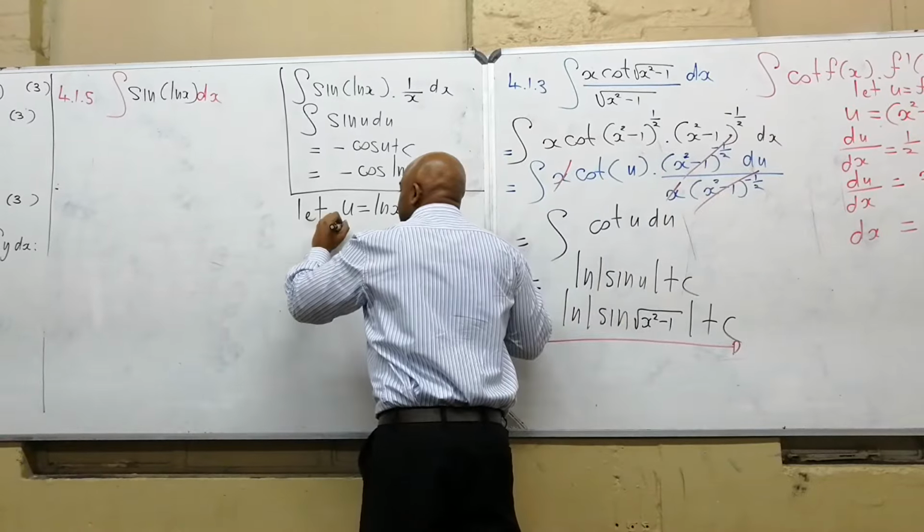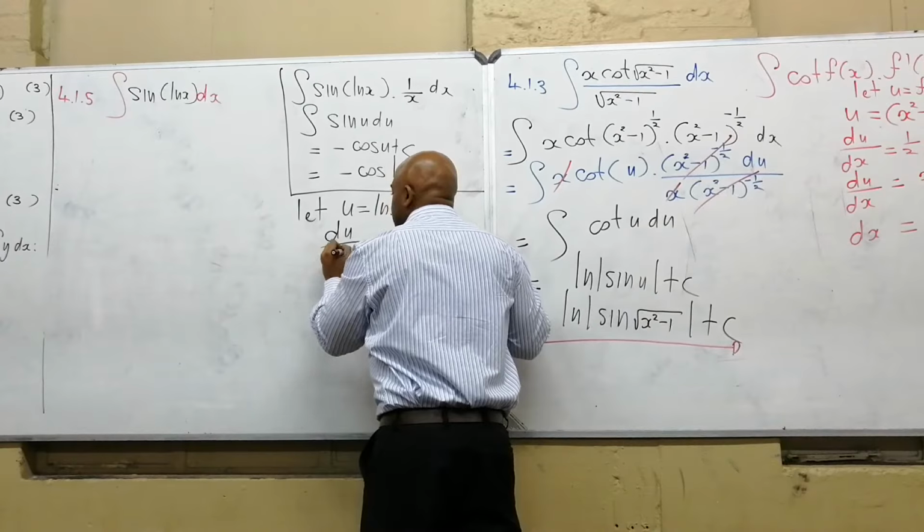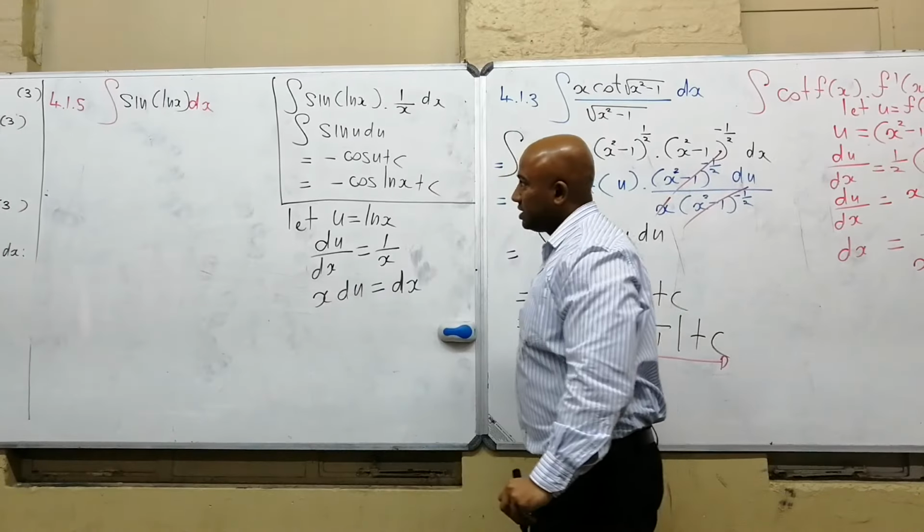Then du over dx, the derivative of ln x is going to be 1 over x. So if I cross multiply, then x du is equal to dx.